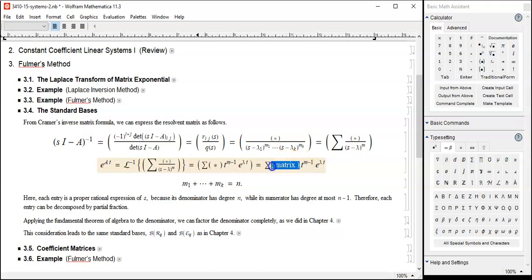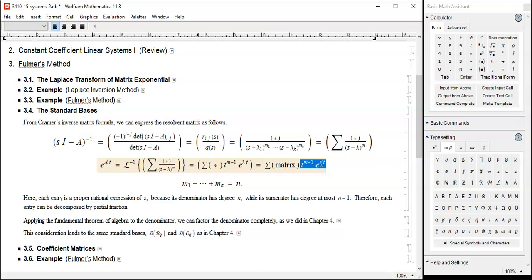We have a coefficient matrix times an eigenfunction of that form, and a bunch of those added together. So basically we have M1, M2, M3, M4, all those matrices, and standard bases that look like this. And those are coming from the characteristic polynomial. And then you can set up an appropriate system of linear equations to find those constant matrices M1, M2, M3, M4.